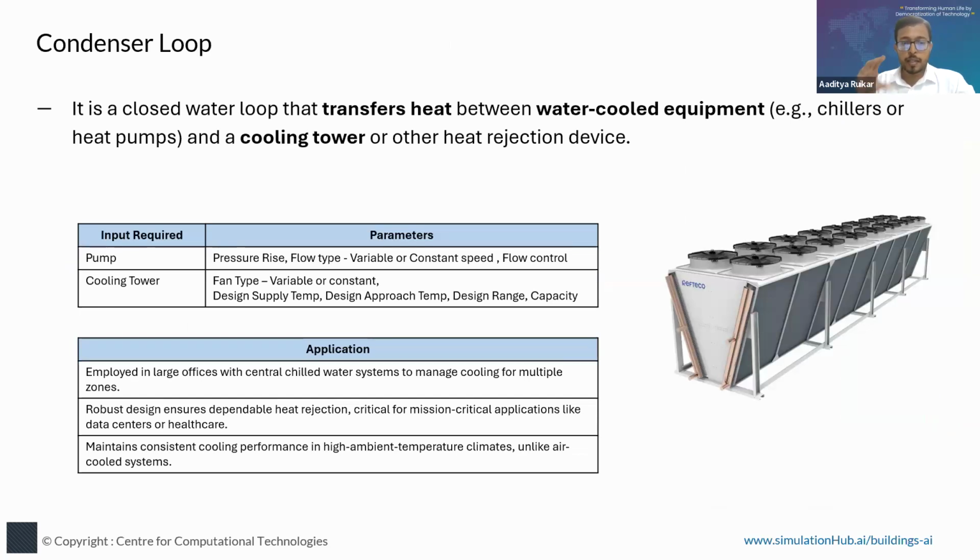So those are the air systems. Now coming to the condenser loop. As Swapnil had shown, there are two sections: the air side system section and the plant side section.